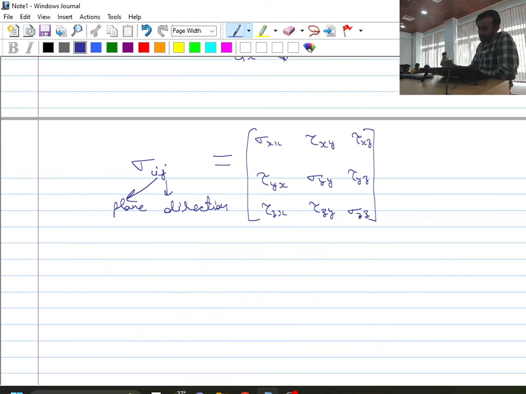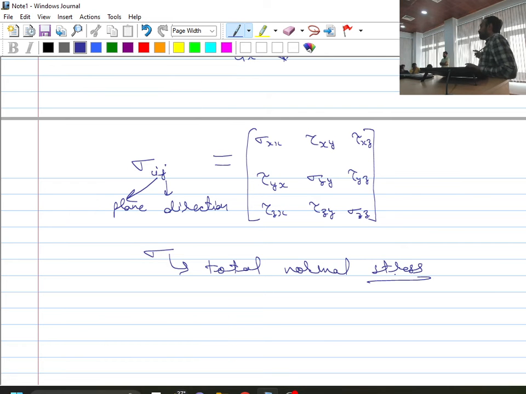So please make one clear difference. Whenever I refer to sigma here, sigma represents the total normal stress acting on the element. And when I write tau here, at the moment I have only considered tau for shear stress, but tau can also have a normal component.